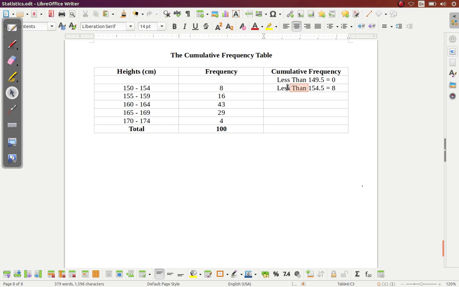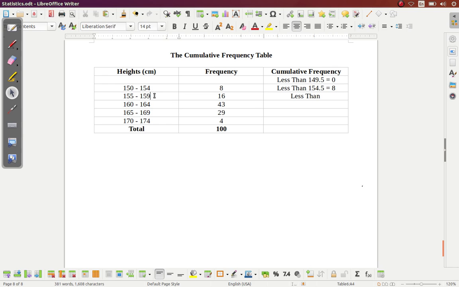Now, what about this? Less than. Now, who measures less than 159.5? Because remember, this is 159, but anyone going up close to 159.5 would be rounded back down to 159.